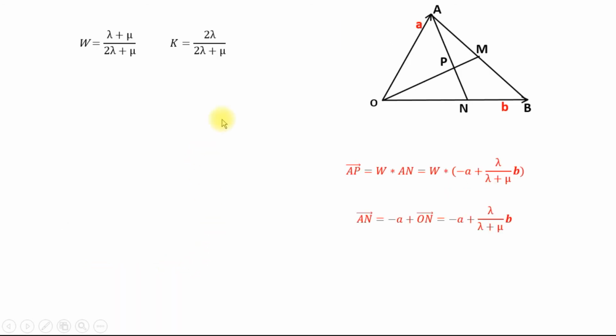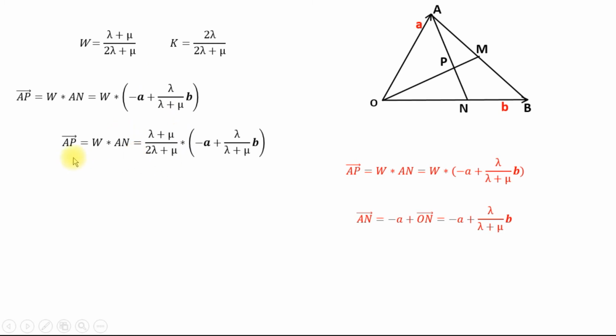Now next, having got the expressions for W and K, we can now write the vector AP. In this case I'm using W, which is AP is, as we know, W times AN, and I substitute for W in this expression here.